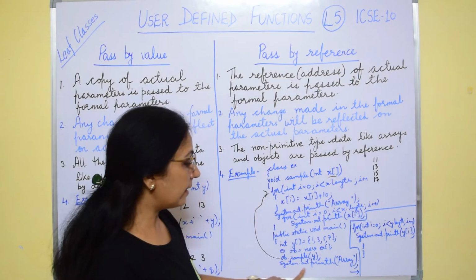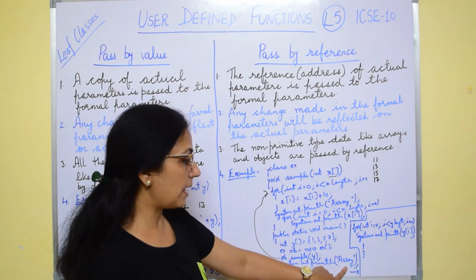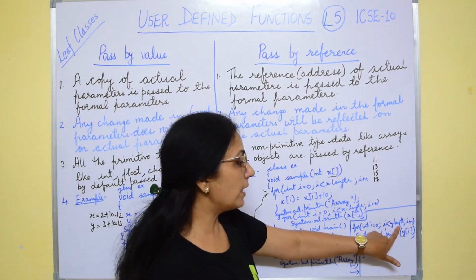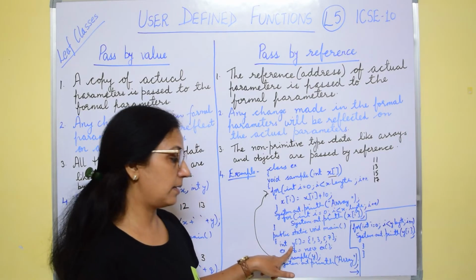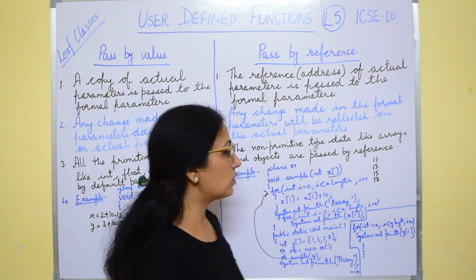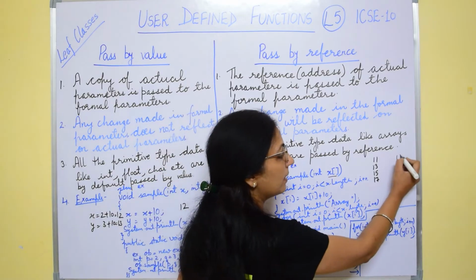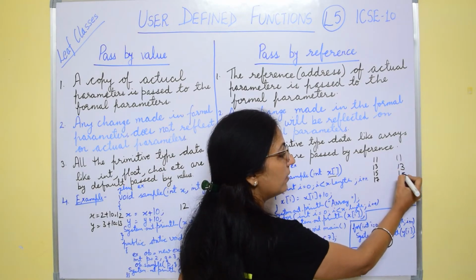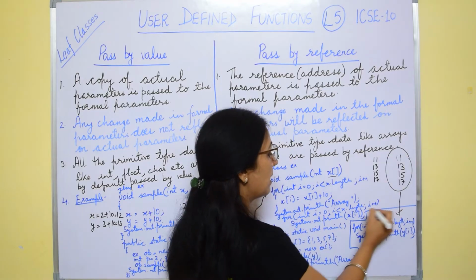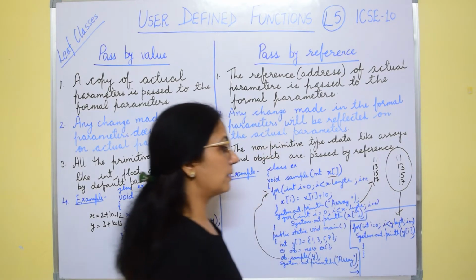Now after that, the next statement, we are printing this array here, with i equals 0 up to y.length. y is the array again here. And when you try to print these values, you will again get the output as 11, 13, 15 and 17. This is the output of this, and from here you are getting this.